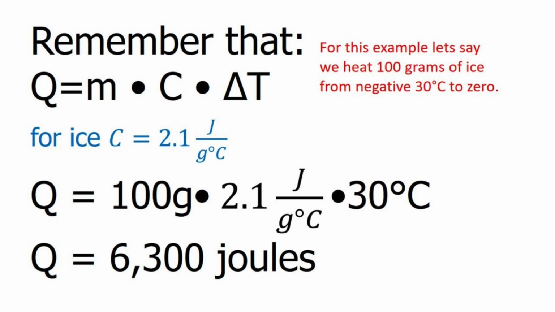So we end up with a thermal energy added of 6,300 joules. That gets us from negative 30 C to zero, where we're still frozen, we're still ice. We haven't switched any to water yet.